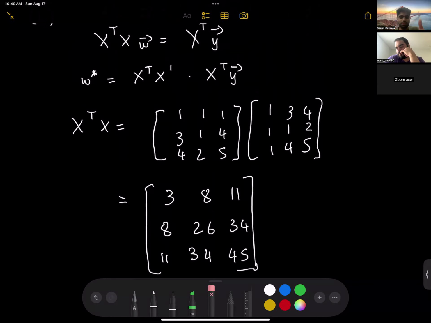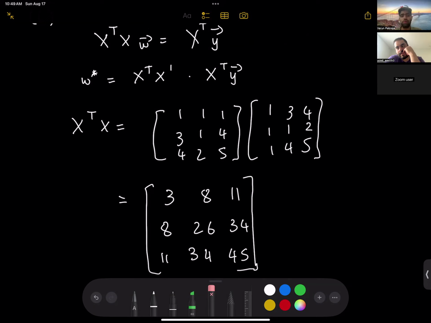This matrix X transpose X, and ergo X transpose X inverse, is not full rank. So that would tell you that there isn't a single best solution, and that's what we get when we solve this for W star.